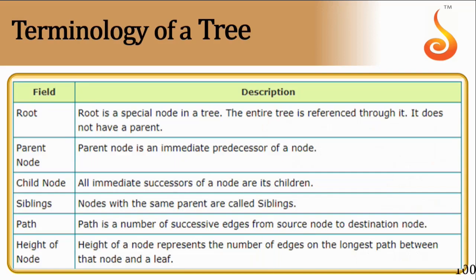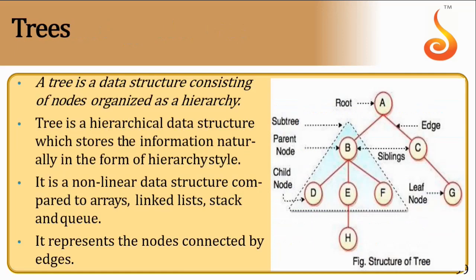Next is leaf or terminal node. You can see a leaf node over here. A node is a leaf node if it has no children. So definitely G has no children below it. That is why it is called a leaf node.